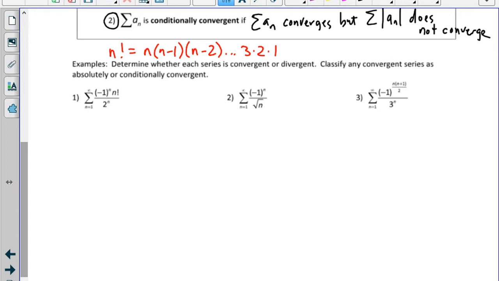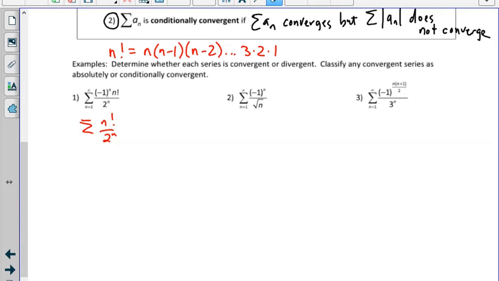The first thing we're going to want to do is look at the absolute value of this. The absolute value would be n factorial over 2^n, because all the absolute value does is turn the alternating -1 into constantly being positive.